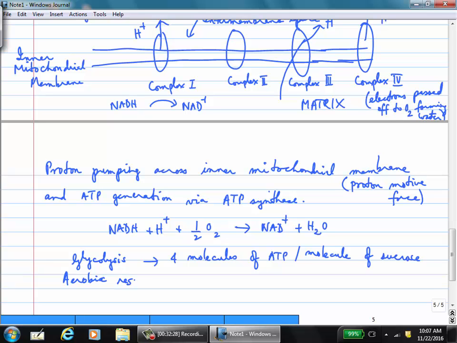So aerobic respiration produces 60 molecules of ATP per molecule of sucrose. For animals, that number will be halved, about 30, but you can see it's significantly more than what you would get from glycolysis.